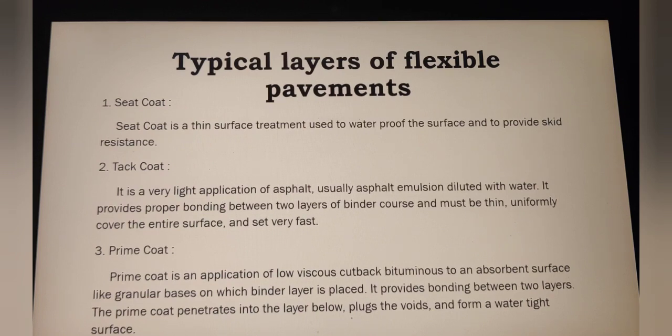The prime coat penetrates into the layer below and plugs the voids and forms a watertight surface. So water cannot come from the lower layers to the upper layers. So these 3 coats are very important. You have to study this.